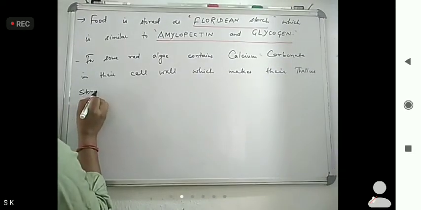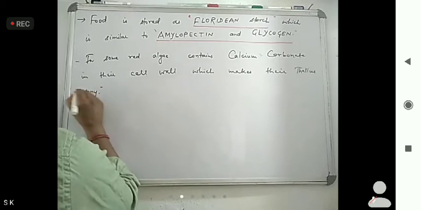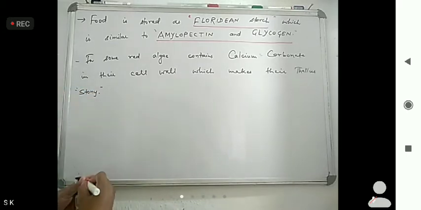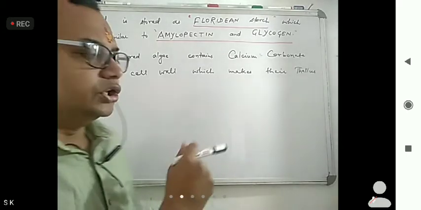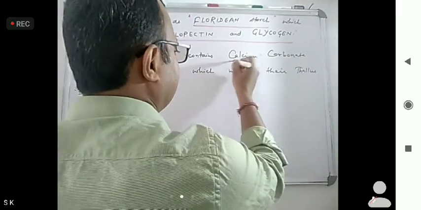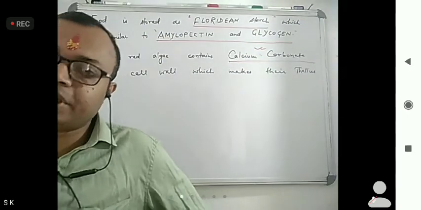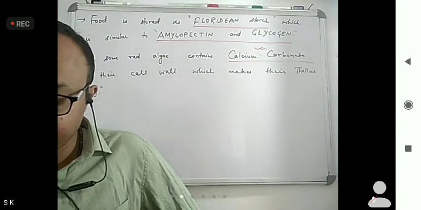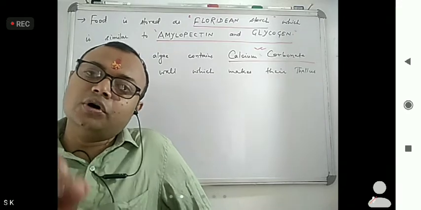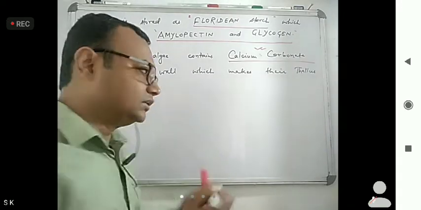What they are doing? Their thallus becomes what? Stony. Okay. Now, due to this calcium carbonate presence and thallus becoming stony, what happens? These algae form limestone. Okay, they are forming what?